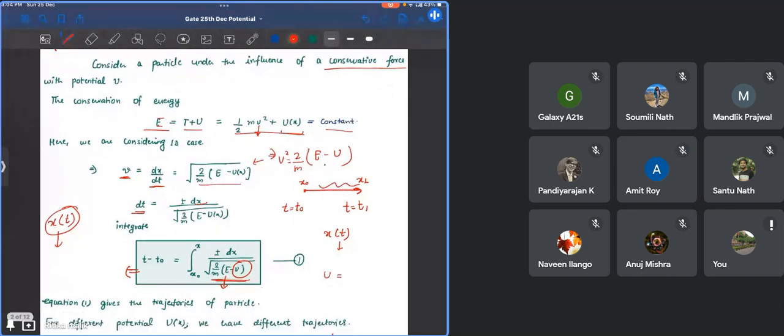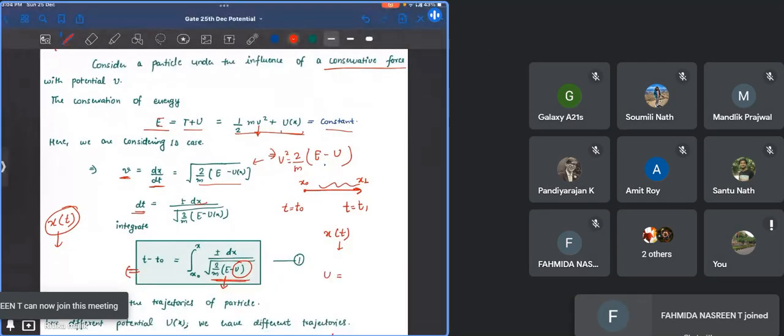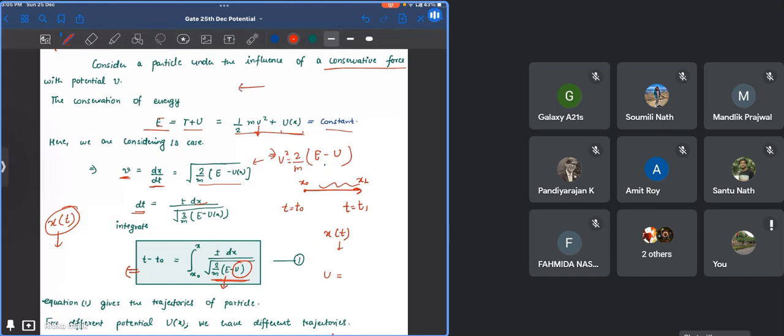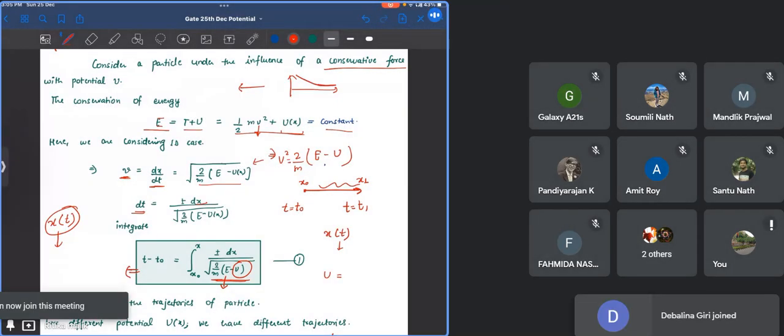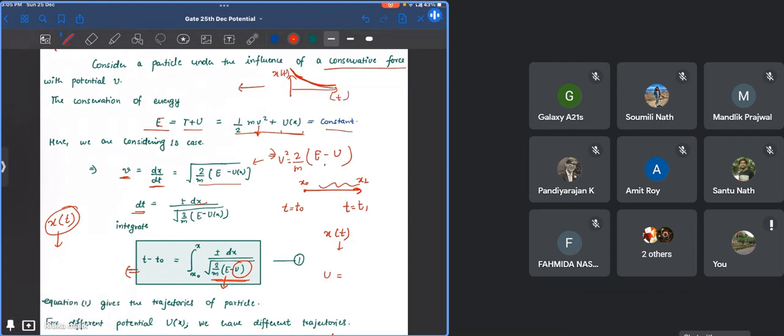Actually, this is a kind of condition we use to solve problems in classical mechanics. But this kind of equilibrium condition is not possible if you have some kind of drag or friction. Your motion is not going to be in equilibrium; it will be dying. For example, if you look at the trajectory of your particle, it's moving, but its energy is decaying exponentially and eventually it comes to rest. Equilibrium means you have some position around which you perturb the particle a little bit and it starts oscillating about this equilibrium position.